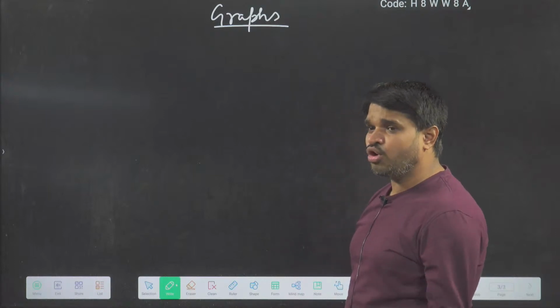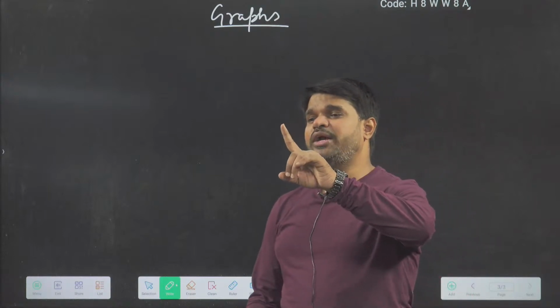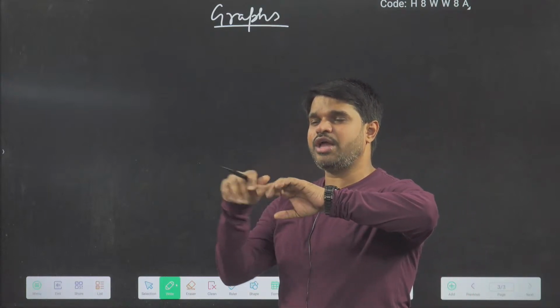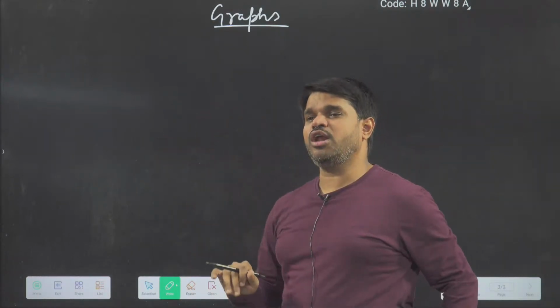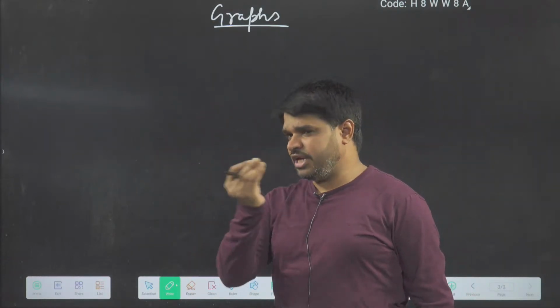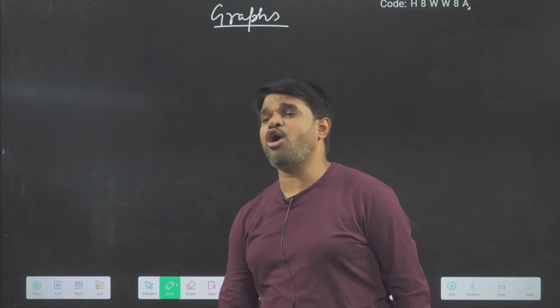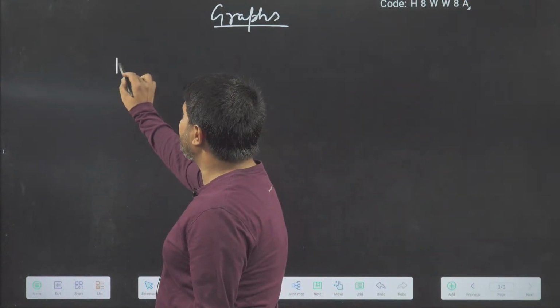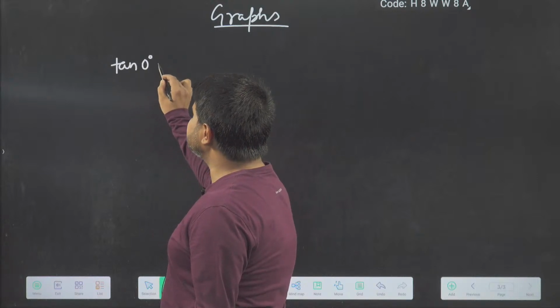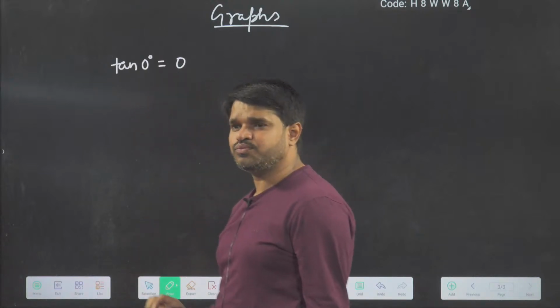There is one trigonometric ratio, tan theta. The value of tan will be used in today's discussion. So first of all, let me give you all the important values of tan theta. First of all, remember tan 0 degree is 0.